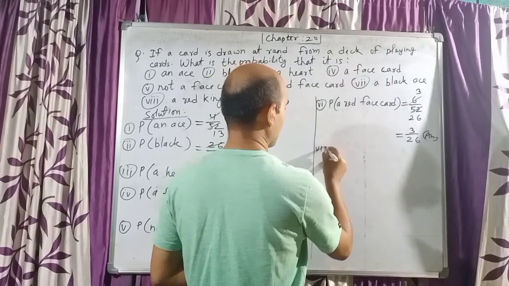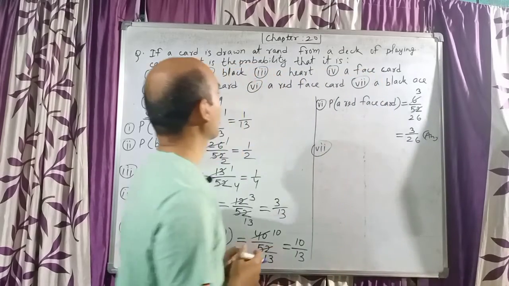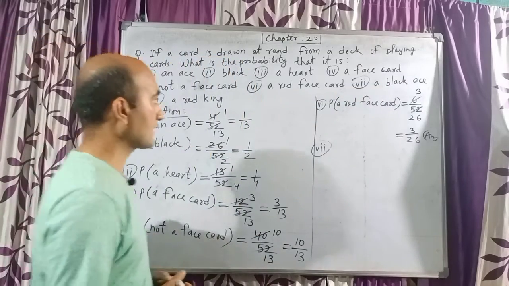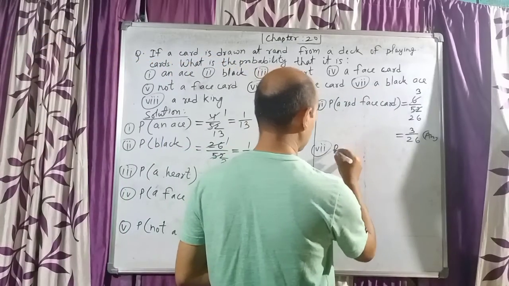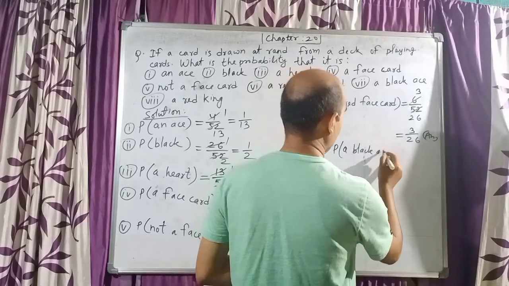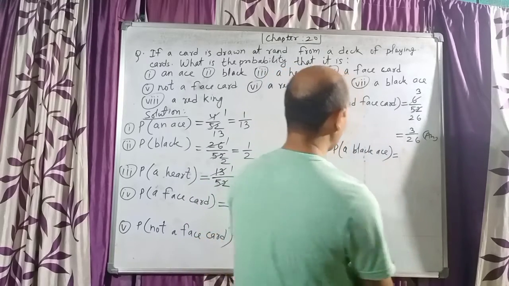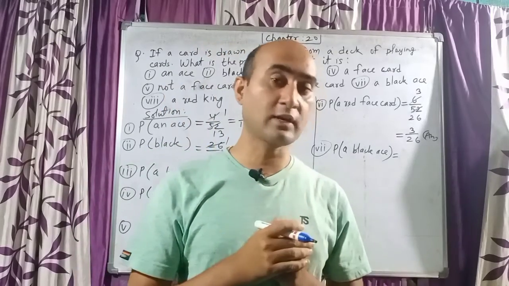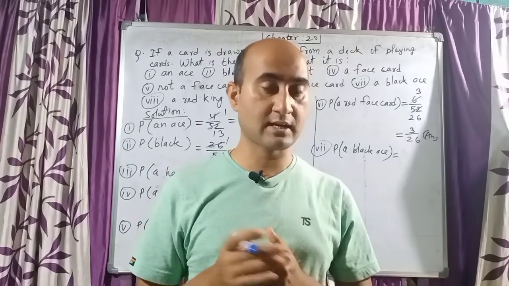Next, number 7. Number 7 question, a black ace. Probability of a black ace. Now very easy children, A cards are called ace cards. A for ace.